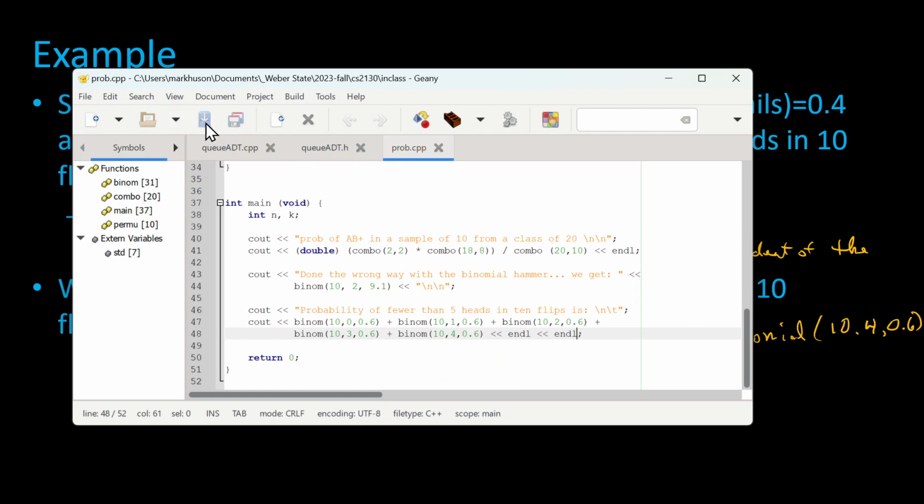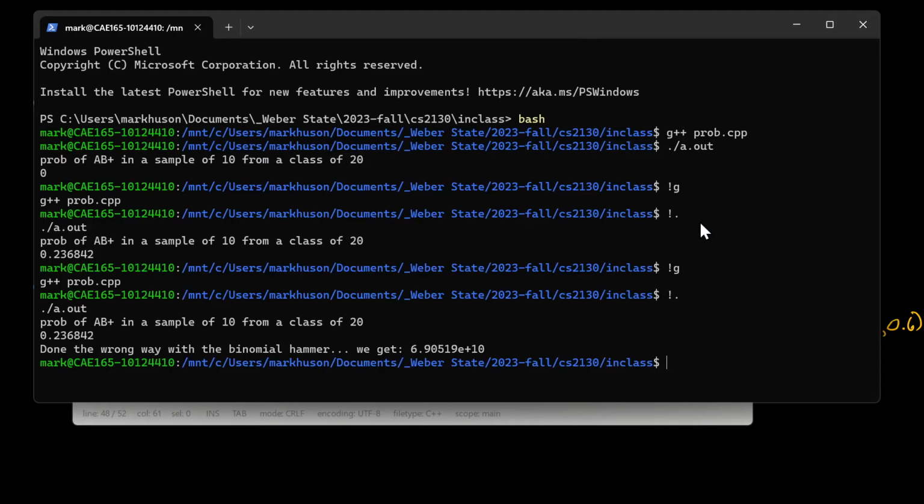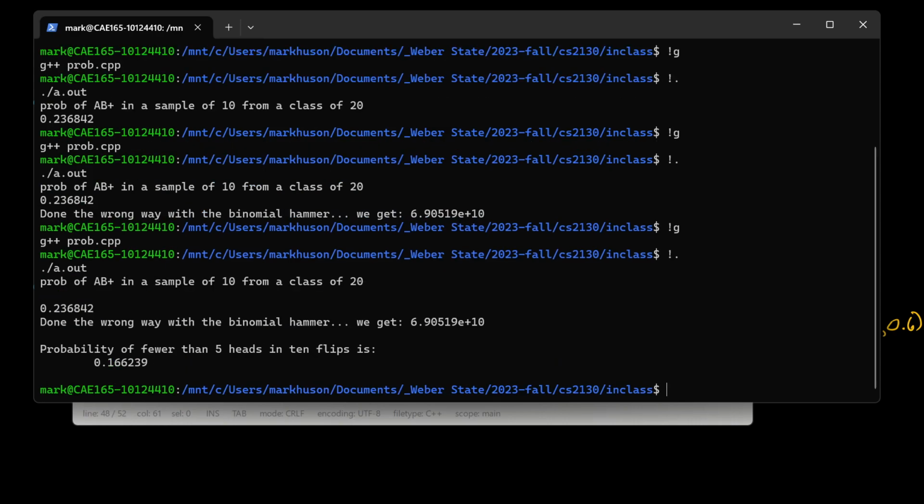So we'll say, I'm really at this point just interested in what the answer is. Bang G, that's a history search. In Linux, it does a search through the command line. It says, what was the last command you typed that began with the letter G? I could make it G+, I could make it any combination of things. It just takes the string up through a blank character and says, what was the last thing you did? So it was a compilation, same thing with a dot. So I've got only a 16% chance of having fewer than 5 heads.